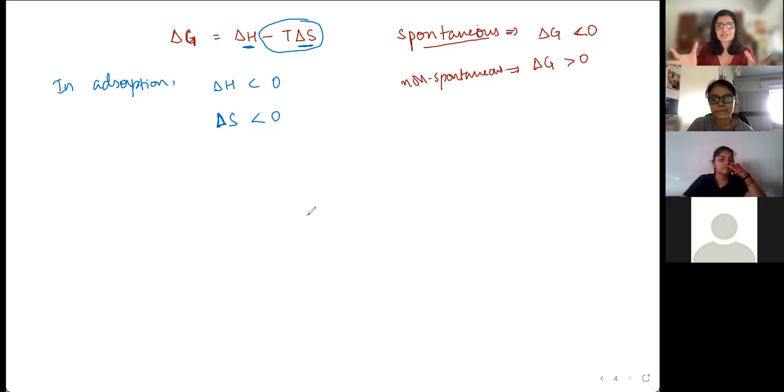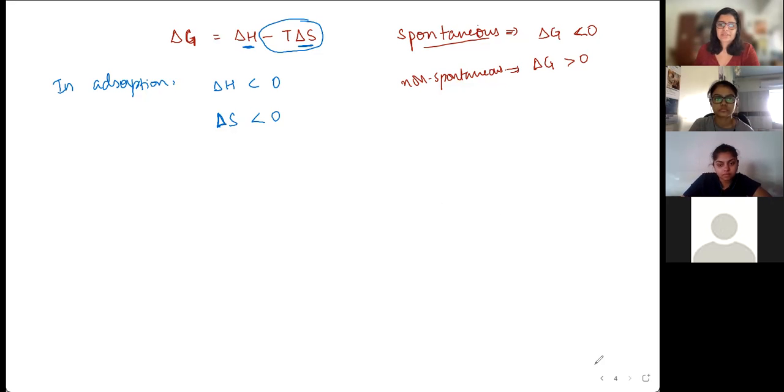Adsorption does happen in the universe, but it's not always. It depends on the energy exchanges. Only when delta G is less than 0 will it occur. Otherwise, normally, if you're just living your life, it's not going to occur. That's why your atmosphere still has gases, and they are not all accumulating over stones and soil and buildings.